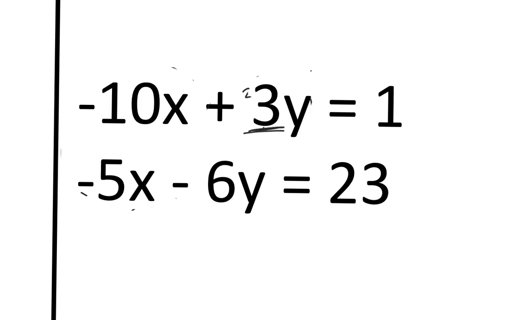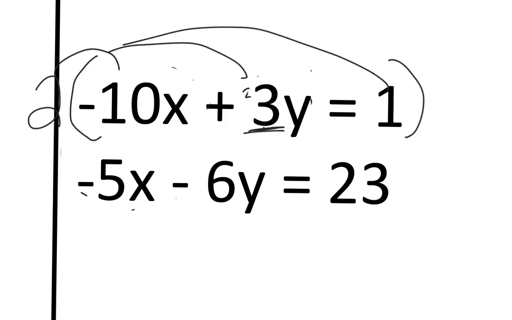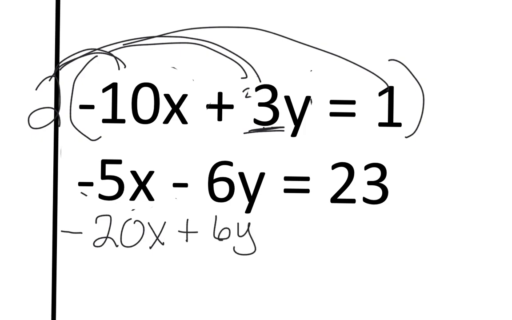But if I want to multiply this by 2, I've got to multiply the entire equation by 2. So we're going to do that and distribute that 2 to every term. So my new equation, 2 times negative 10x, would give me negative 20x. 2 times 3y would give me positive 6y equals 2 times 1 is 2.